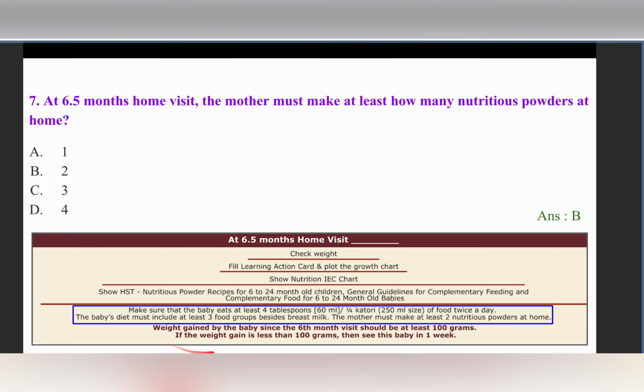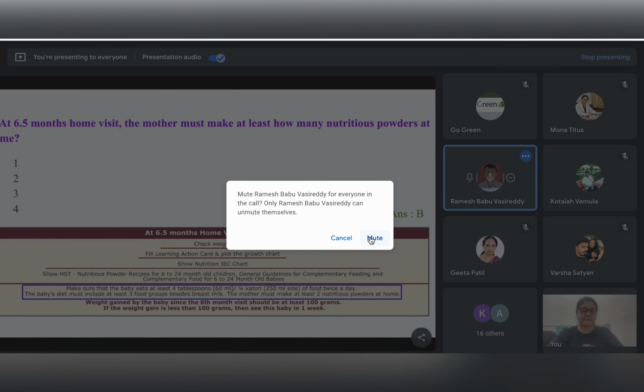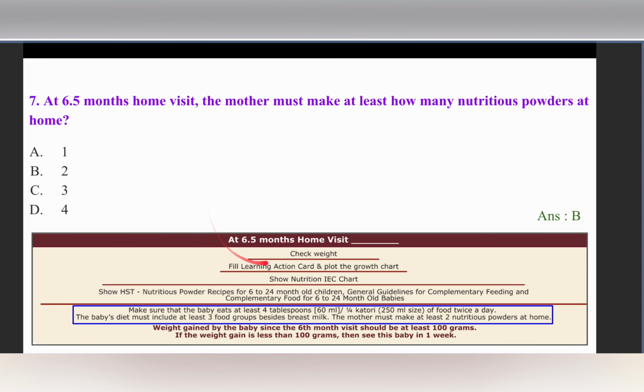Also remember the weight gain from the 6th month to 6.5 months is around 100 grams within the said period.